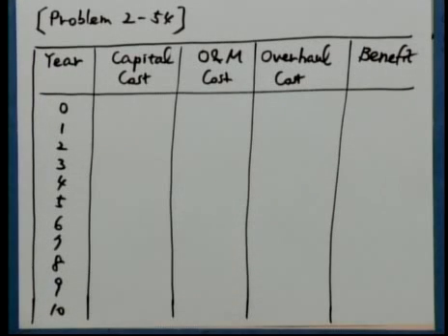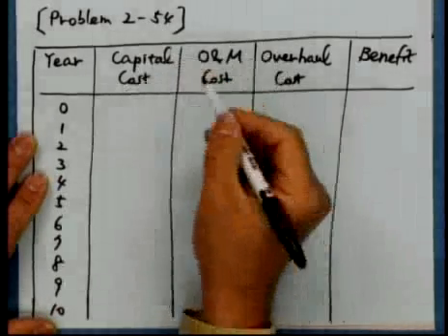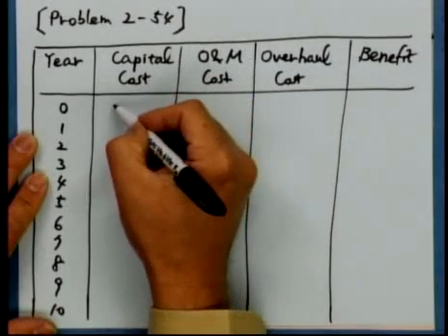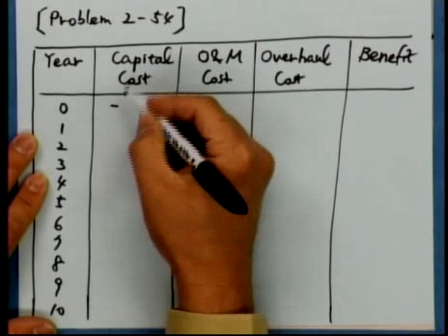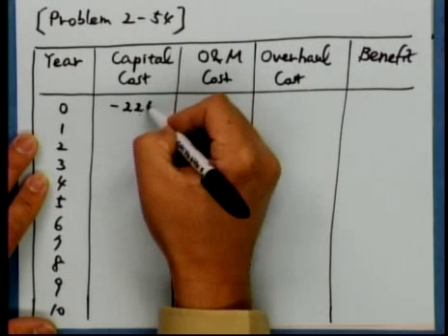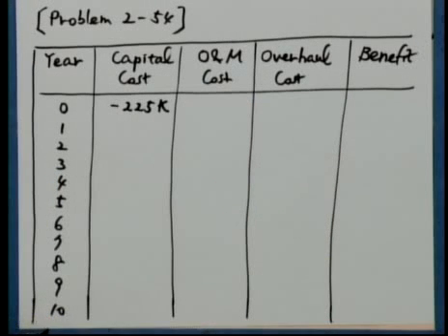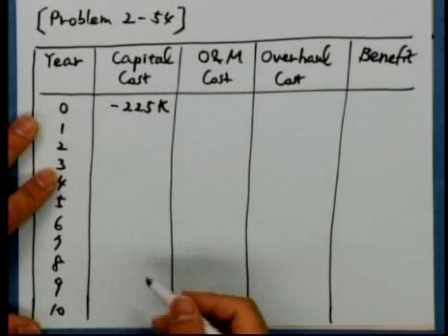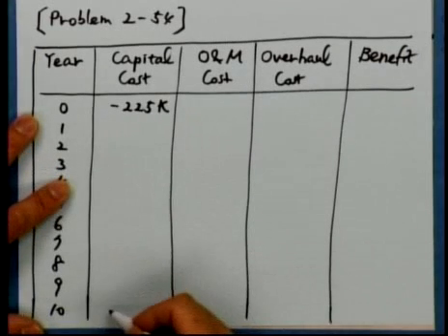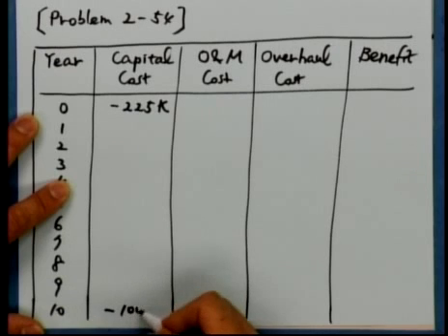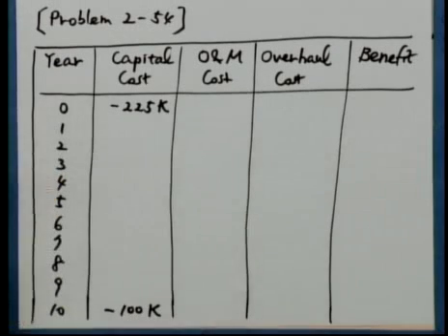And the construction cost would be $225,000. So we're going to put negative 225K. Okay? And the salvage value is estimated to be $100,000 after 10 years. So you need to put negative 100K down here.